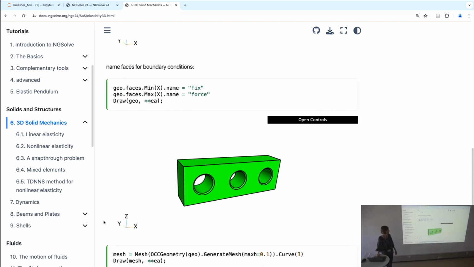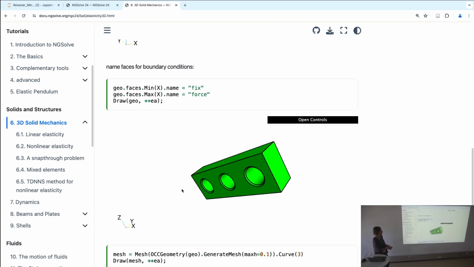And then we want to have some boundary conditions on this part. So what we want is, do I have a laser pointer? Here we want to fix it, and here we want to have some force acting, and in between there are no surface forces, there is no volume load, so it's a very simple example. But what we definitely need is to mark this part of the boundary and also that one.